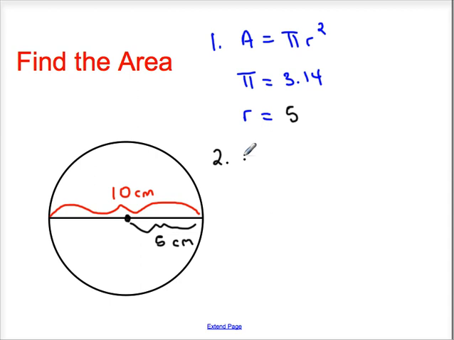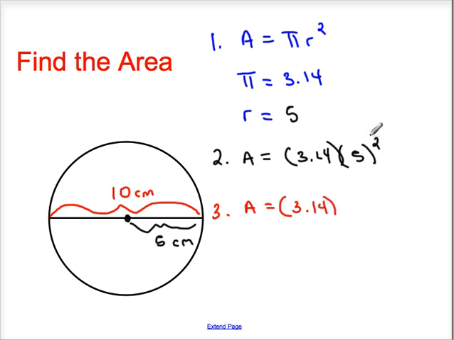Second, let's plug in. So area equals 3.14 times 5 squared. Third, let's solve. So area equals 3.14, and we're going to find our exponent first. 5 squared is 25.